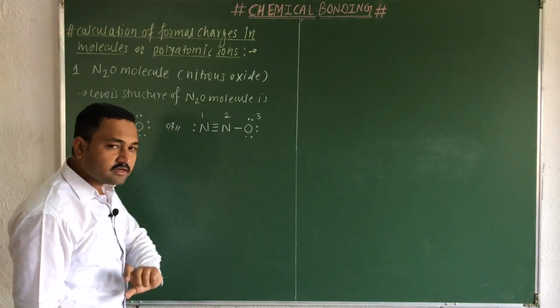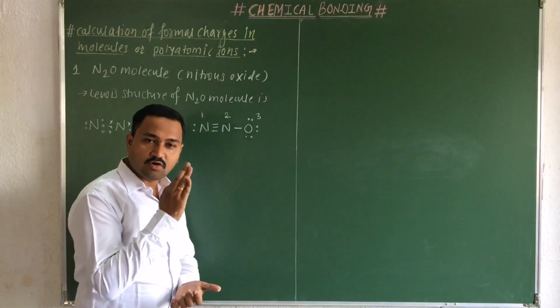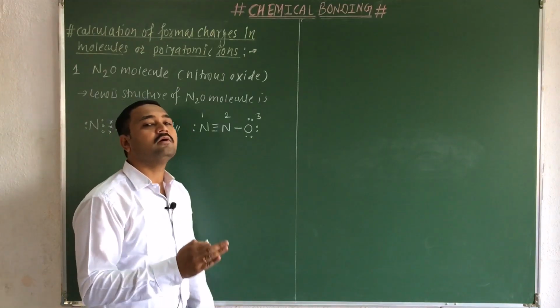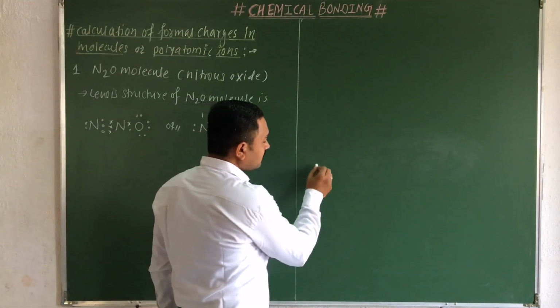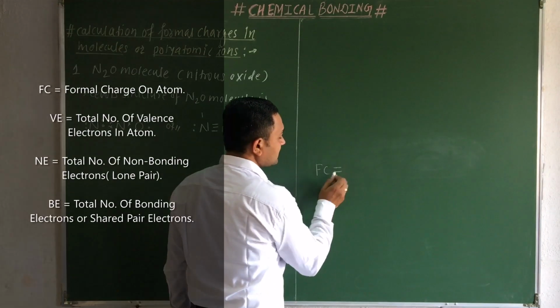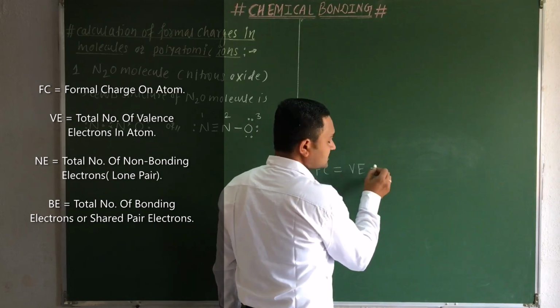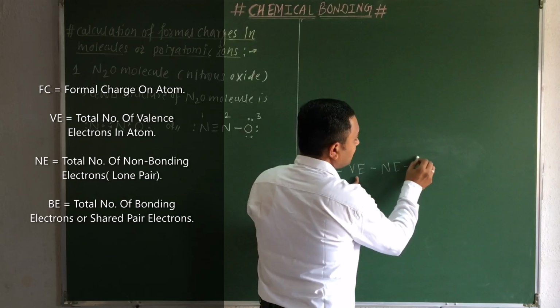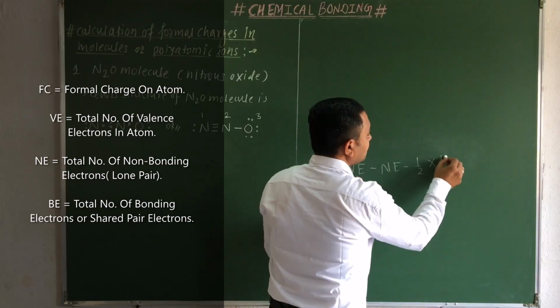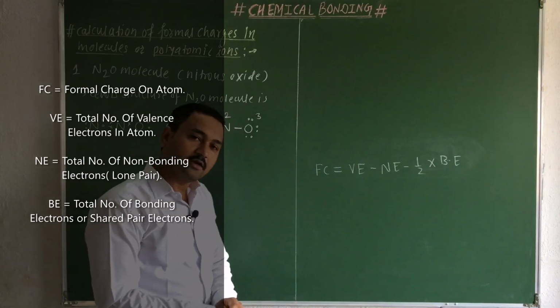Now we can calculate the formal charge in this molecule. In the previous lecture you already studied the formula for calculating the formal charge on an atom, and that formula is FC, that is formal charge, equals VE minus NE minus 1 by 2 into BE. This is the formula that we studied in the previous lecture.